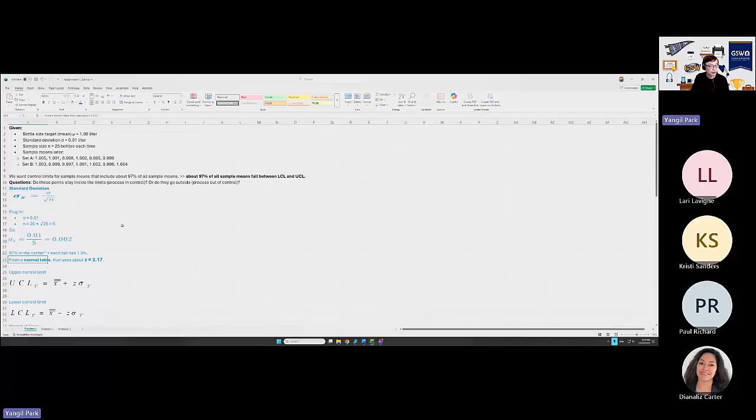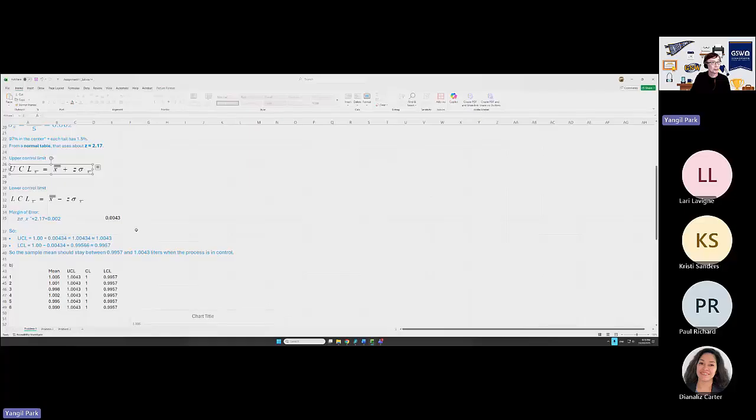So again, all the necessary formulas are given, as you can see: standard deviation, upper control limit, lower control limit, so that you can plug in. And the same thing, the normal table will be given, or the z-score will be given if it's simpler, so that you can plug into this formula.